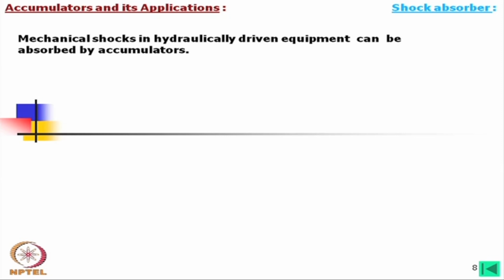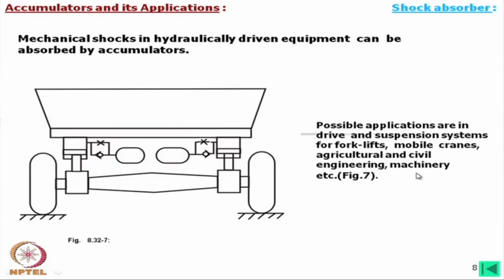Mechanical shocks in hydraulically driven equipment can be absorbed by accumulators. In this case, what we have shown is some sort of carriage, or this may be two wheels of some earth moving equipment. We find that this axle is on a damper, and in the damper another accumulator is fitted.